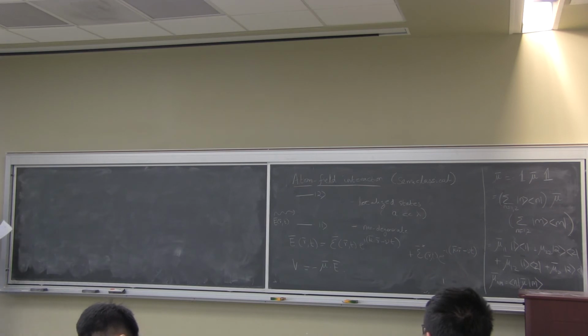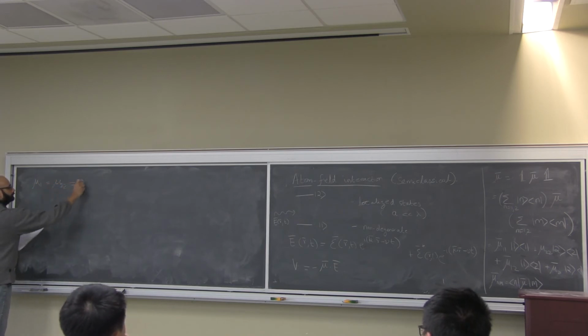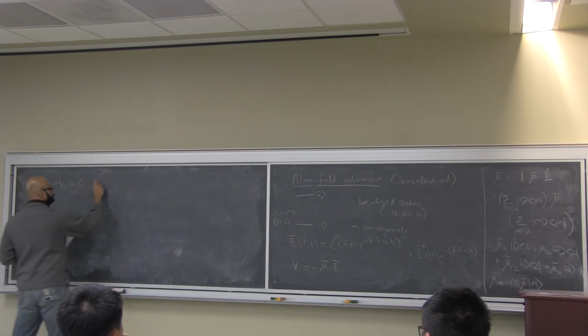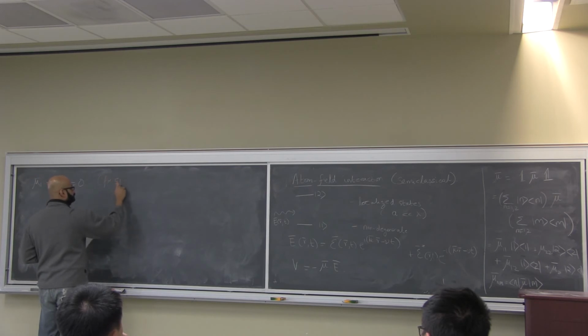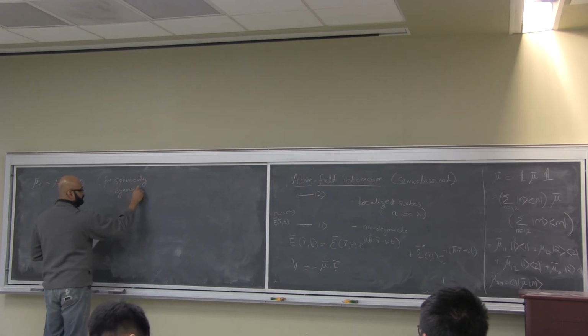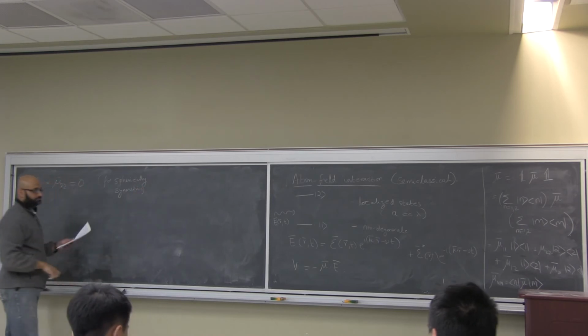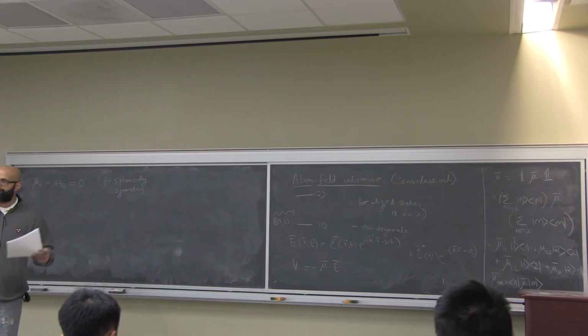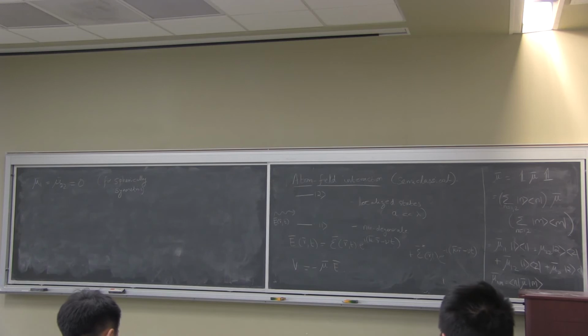And for spherically symmetric atoms, it's quite easy to show that there's no permanent dipole moment. That is, if the system is in an energy eigenstate 1 or 2, there's no dipole moment for that particular state.